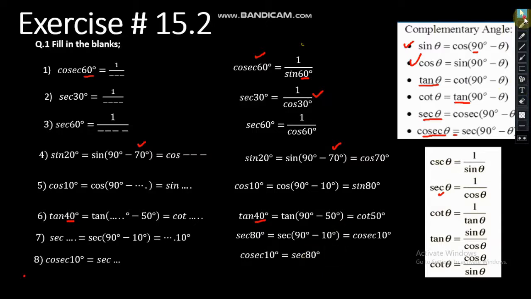Okay, now question number 9. Tan 20 degree is equal to cot 70 degree. Okay, now let's go to the next questions.